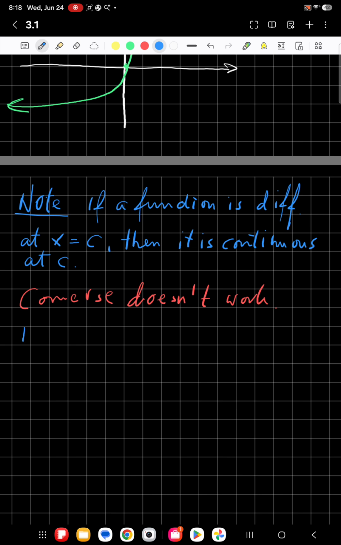So if continuous, not necessarily, differentiable.